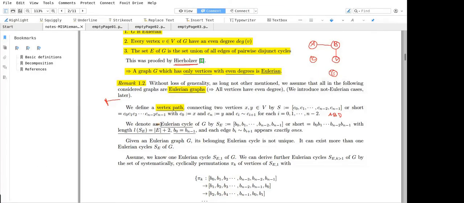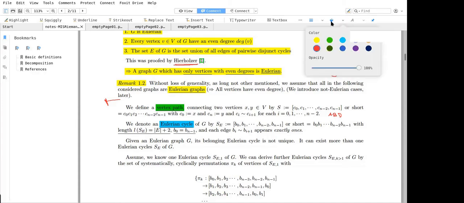Assume next we denote an Eulerian cycle. We now have the case that we know that we go through all of the edges of the graph, and finally we end again on the starting point after going through all our edges. So let's make an Eulerian graph here.